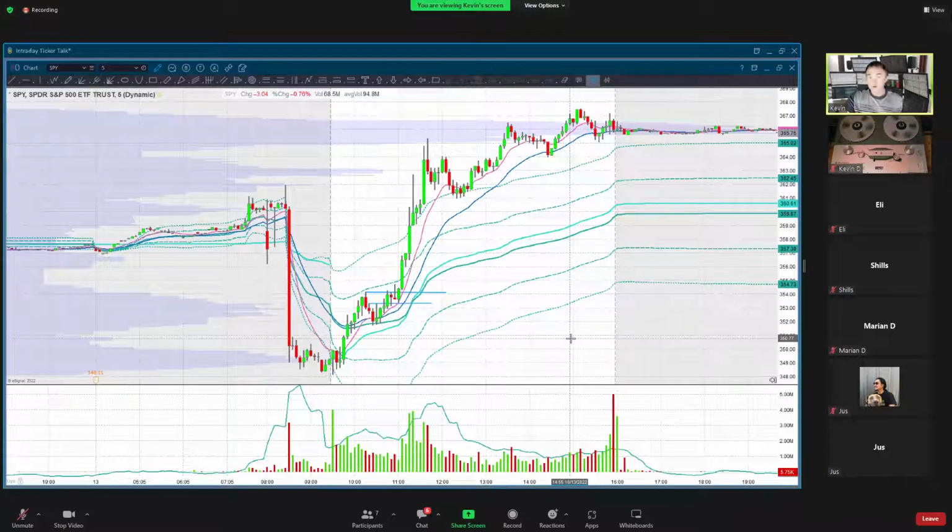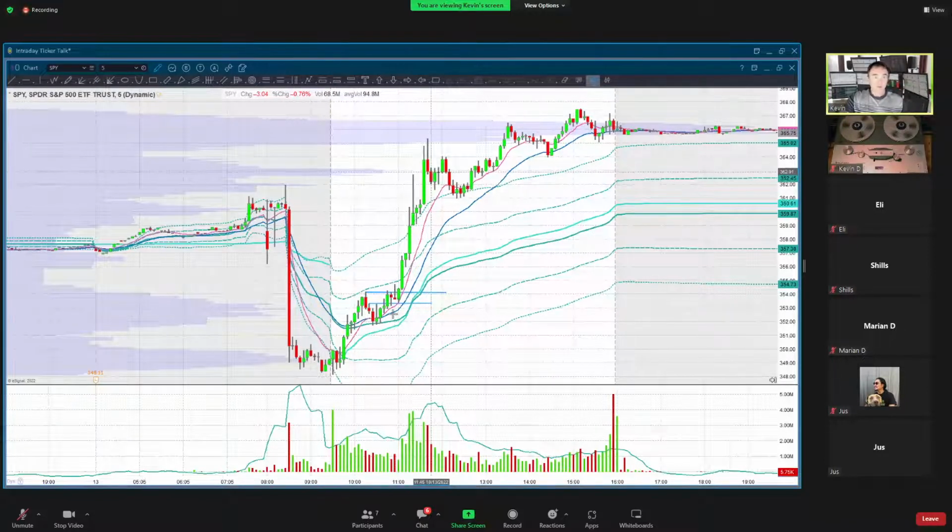Okay, and Shills has also asked, for your VWAP, do you use 1 line or 2 for the setup? Yeah, I think I've already answered that question actually. Like I said, if I see that the one from the pre-market is the one that's working in this instrument on this day, I'm going to be paying more attention to that than the other one.